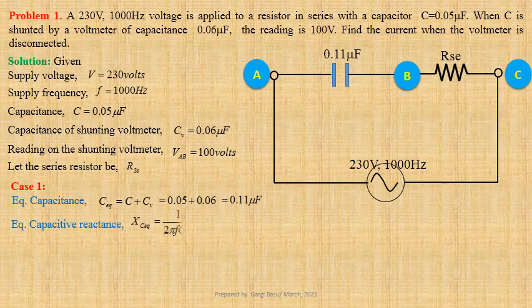Now we shall calculate capacitive reactance. XCEQ equals 1 upon 2 pi F CEQ. Using values we get 1 upon 2 pi into 1000 into 0.11 into 10 to the power minus 6, that gives us 1446.8631 ohm.